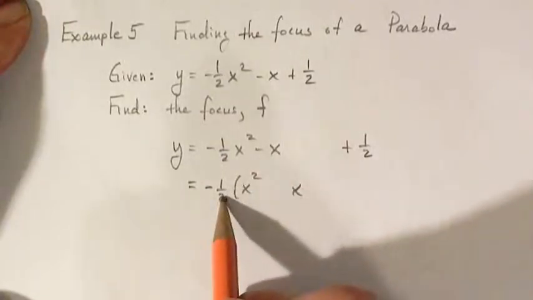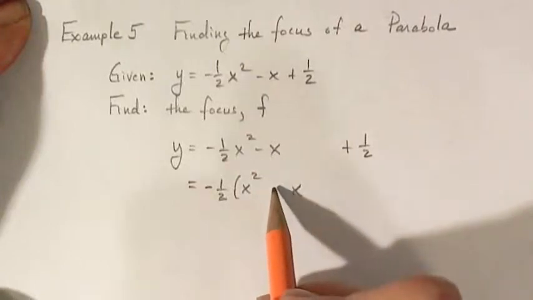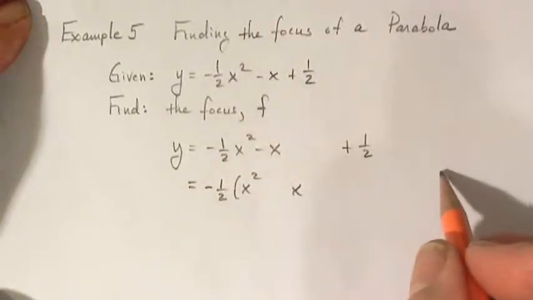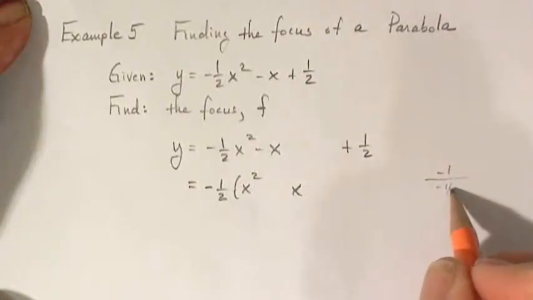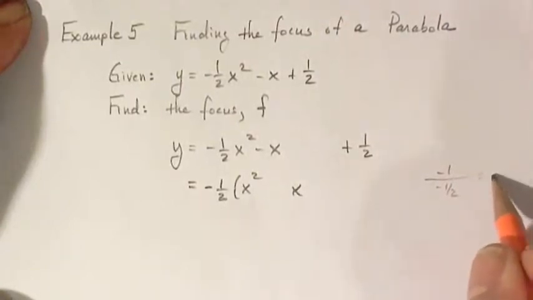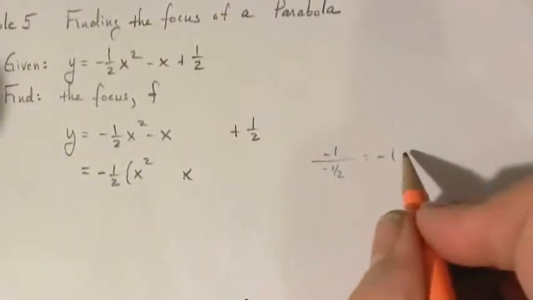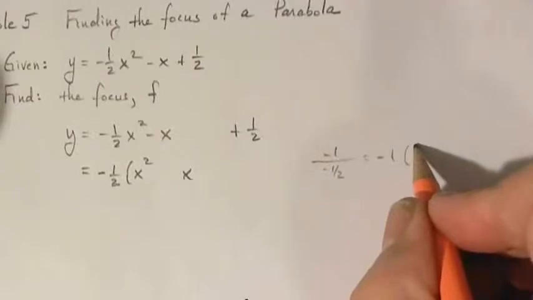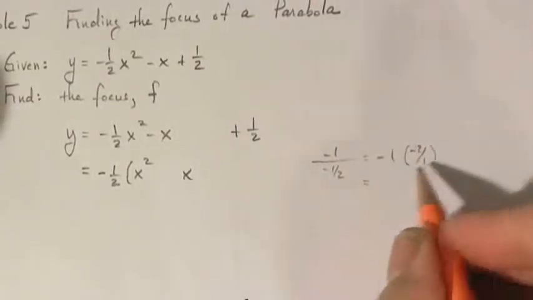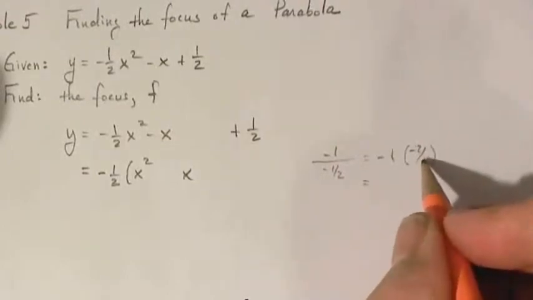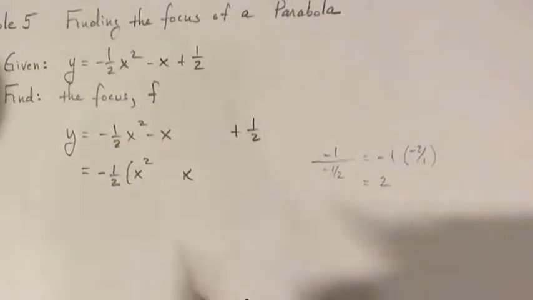But if I factor out a negative 1/2 from this, that's a little bit confusing. Well, isn't it like taking negative 1 and dividing by negative 1/2? This is negative 1 multiplied by negative 2 over 1, which is equal to 2.